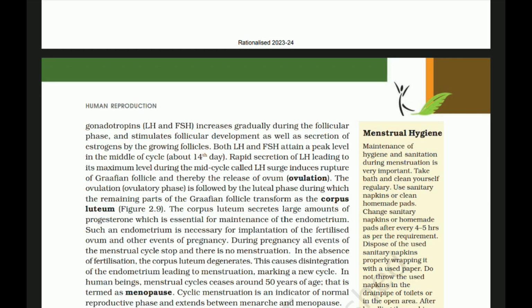The corpus luteum secretes large amounts of progesterone, which is essential for maintenance of the endometrium. Such an endometrium is necessary for implantation of the fertilized ovum and other events of pregnancy. During pregnancy, all events of the menstrual cycle stop and there is no menstruation.